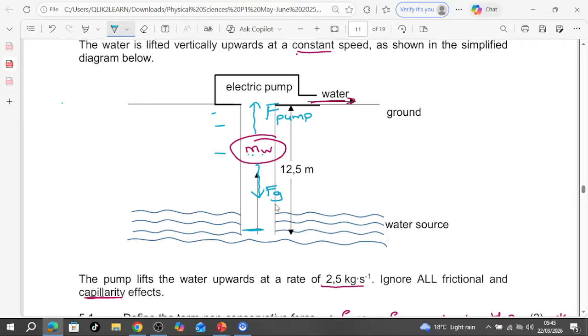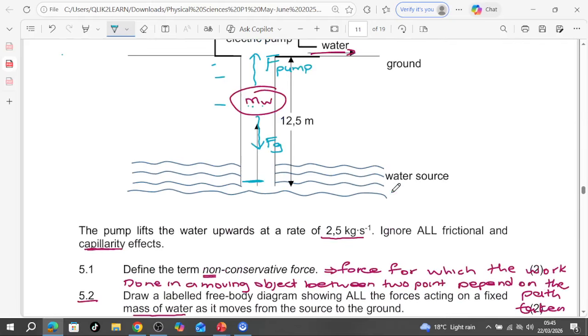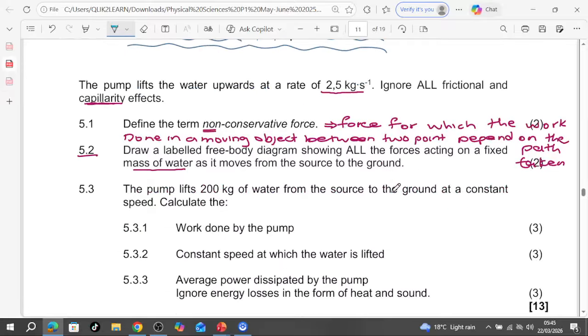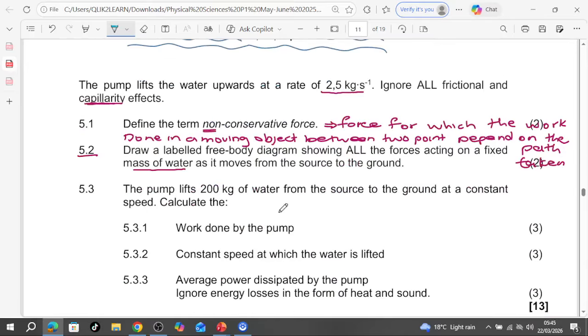To draw the free body diagram, this is 2 marks, which tells us we need 2 forces. So this will be my 5.2: the free body diagram will be the force of the pump and the weight of the water, Fg.